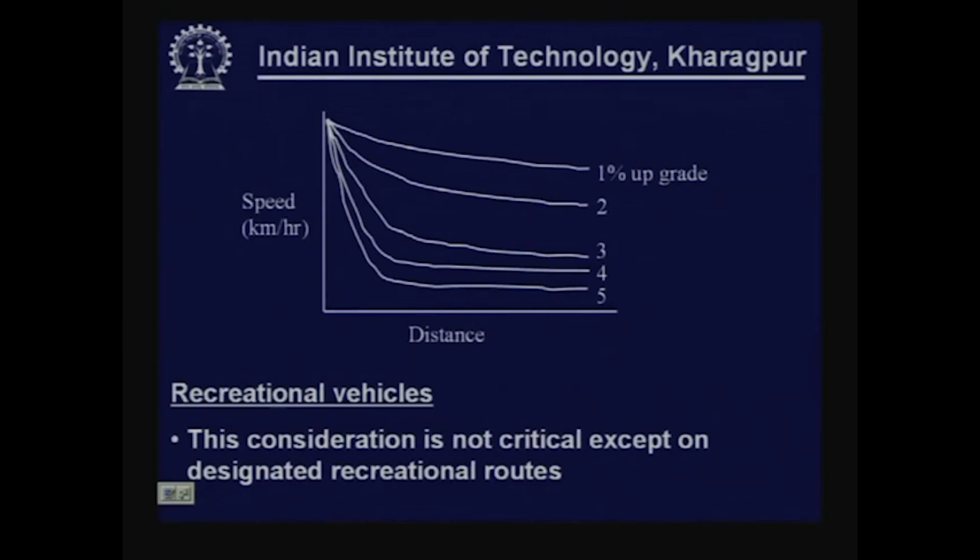Sometimes the design vehicle is a recreational vehicle, but this consideration is not critical except on certain designated recreational routes, where special types of recreational vehicles are taken as design vehicles.